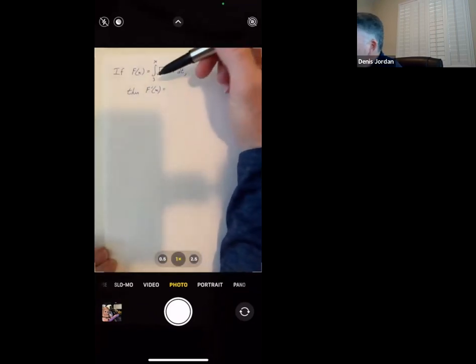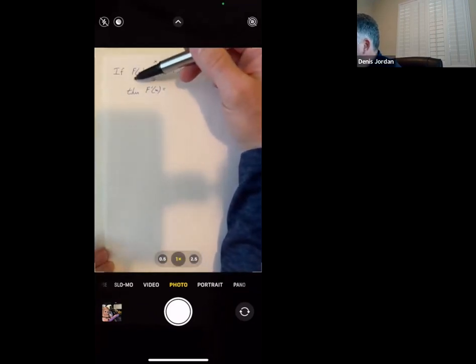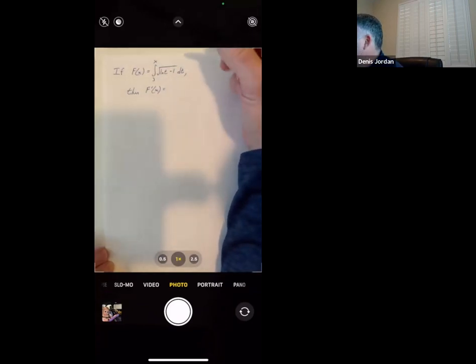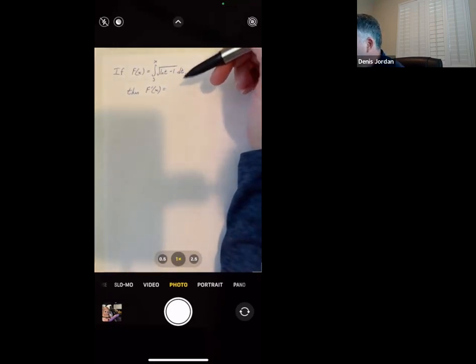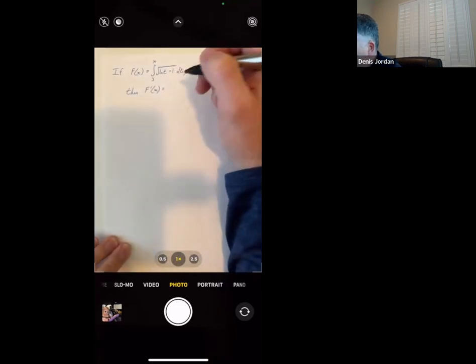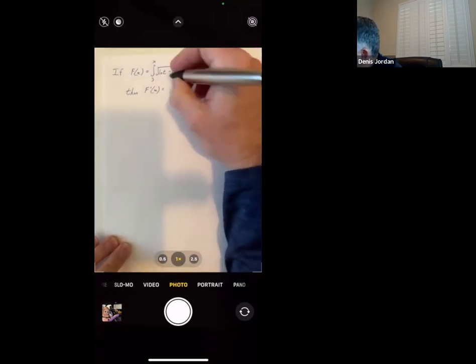So instead, you can use the second fundamental theorem of calculus, which just says, hey, if you're going to integrate and then take the derivative, wouldn't you just end up right back where you started? And the answer is yes, you do. You just kind of go in a circle.